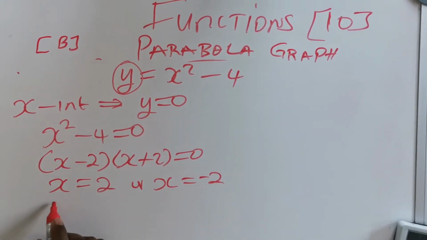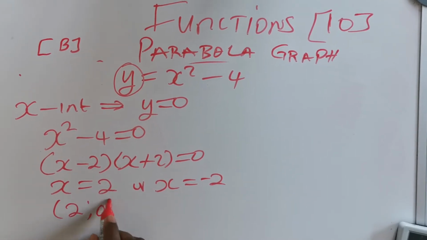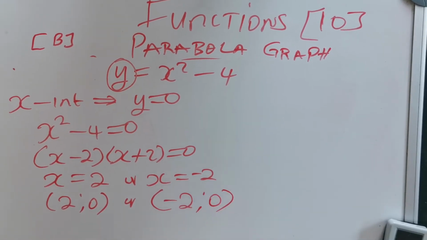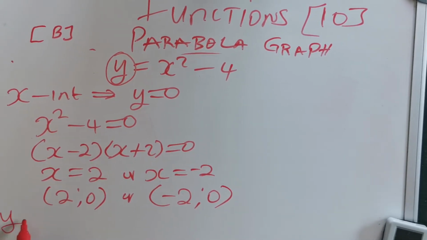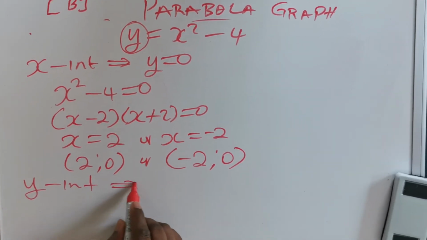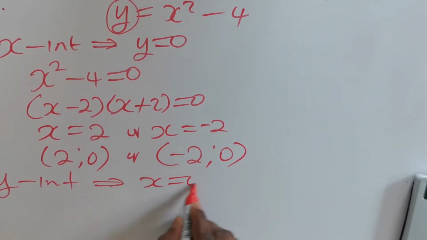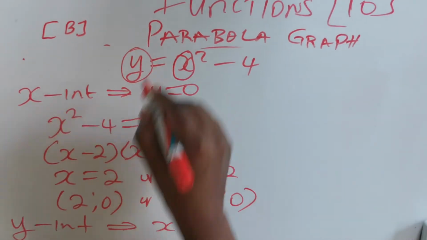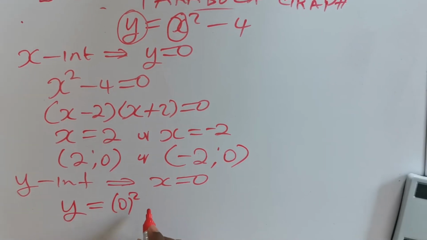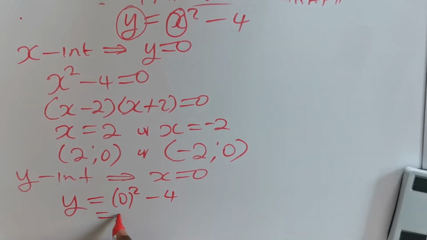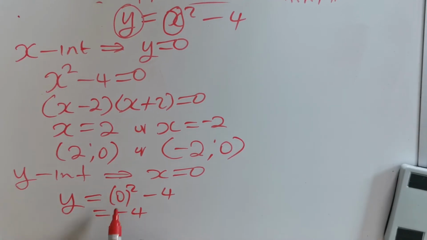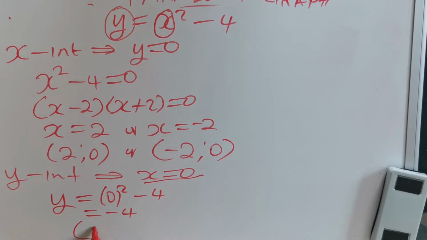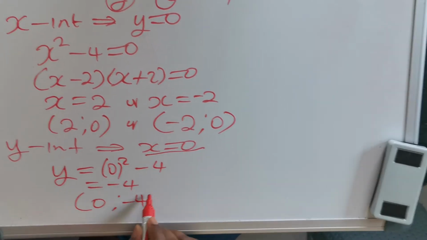In coordinate form, this is (2; 0) or (negative 2; 0). Then for the y-intercept, you let x be 0, which means y equals 0 minus 4, and your answer will be negative 4, because 0 squared is 0. So in coordinate form, your x is 0 and your y is negative 4.